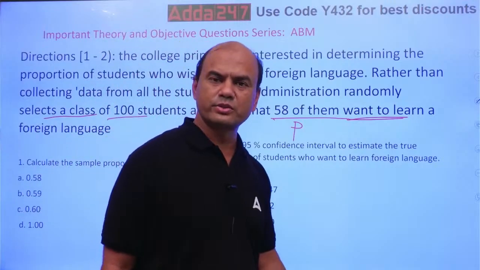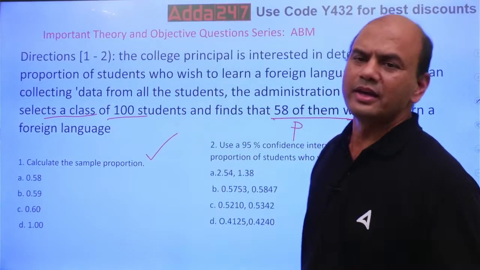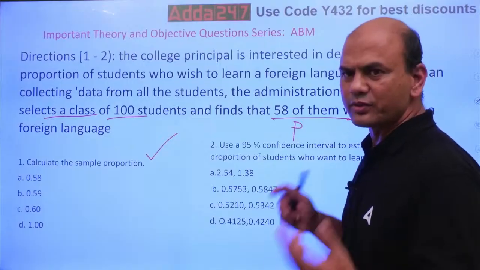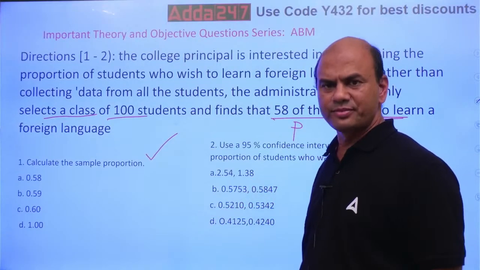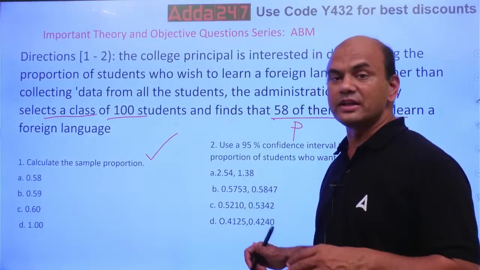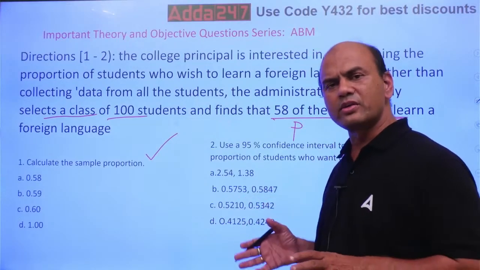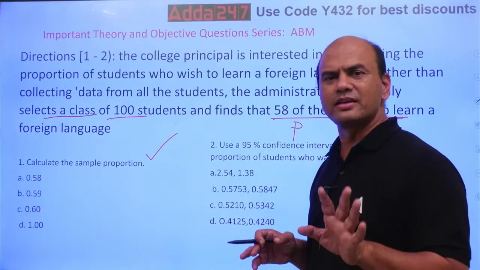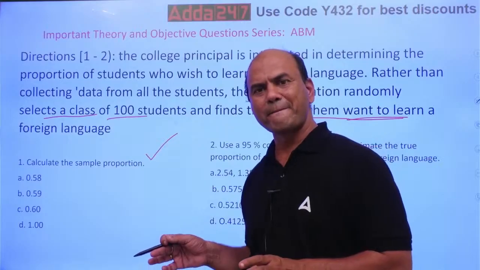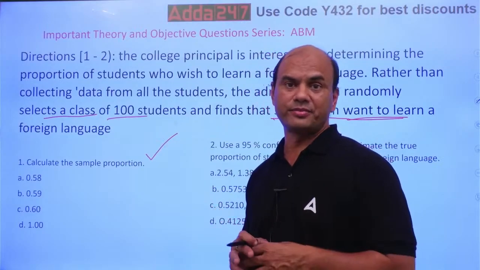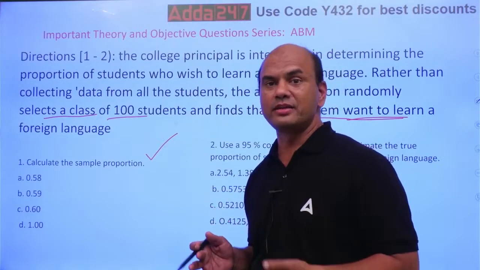Whenever you speak to any student, what is the possibility? Either that student will say, I like the foreign language, or second will say, I don't like the foreign language. That's it. Can there be a student who will say, I like also, I don't like also? Nothing. Either you like, either you don't like. That's called binomial. In fact, that's called binary.